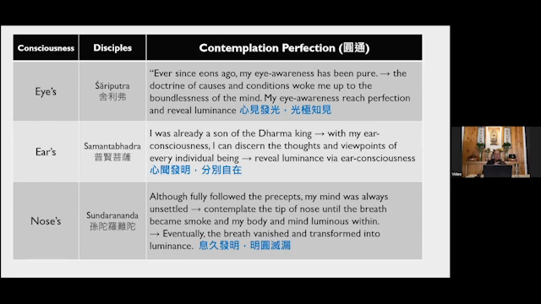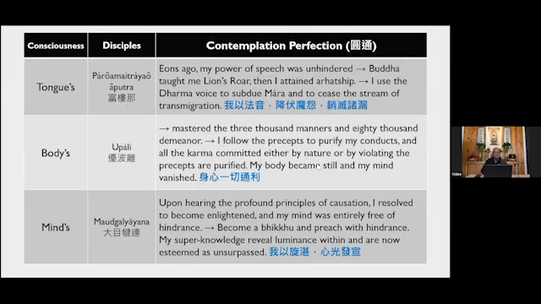Then the breath becomes smoke, and my body and mind are luminous within. Different steps. And eventually the breath vanishes and transforms into luminance. See here, when we practice consciousness, luminance is always revealed. Same thing for the tongue, and for the body, Upali.